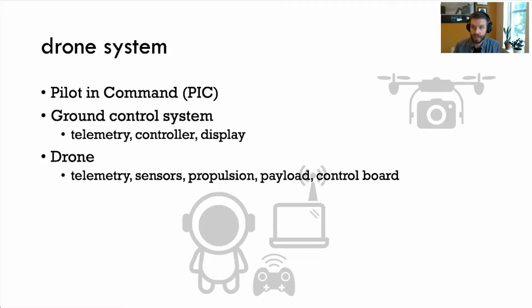So in our case today, we'll be discussing drones that carry a camera as a payload. There's also drones that might be cargo drones, and so carry something like small amounts of medical supplies or other things to transport. And then some sort of control board. The drone has a computer on board that controls all those different systems and allows it to operate.